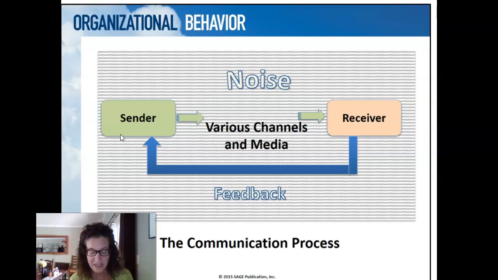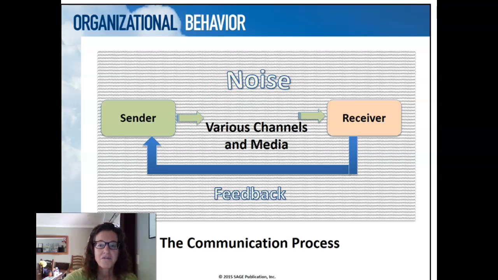Of course, the receiver's ability to correctly decode the message is also likely to create some noise in this process. If the receiver is not really listening, or if the receiver does not have the same language proficiency in the language that is used for the communication, those could act as communication barriers.